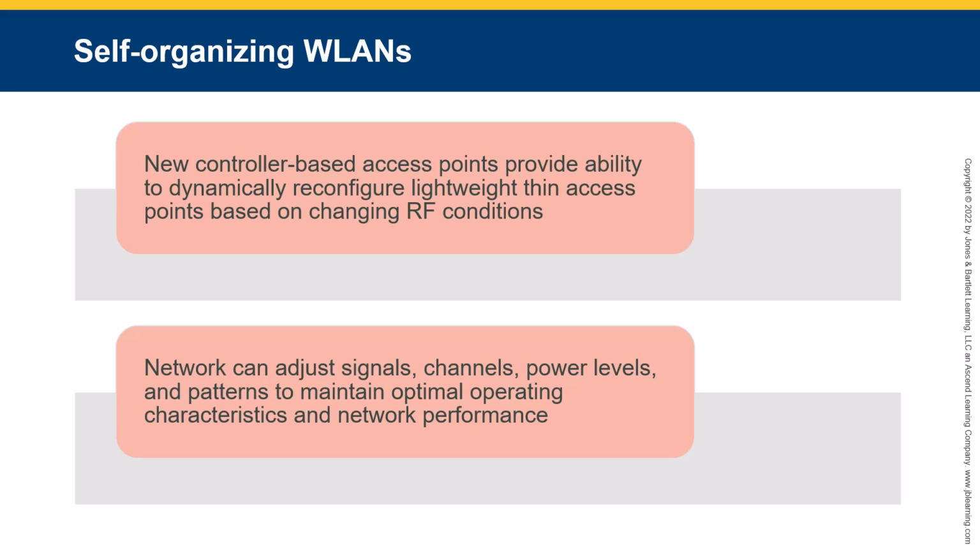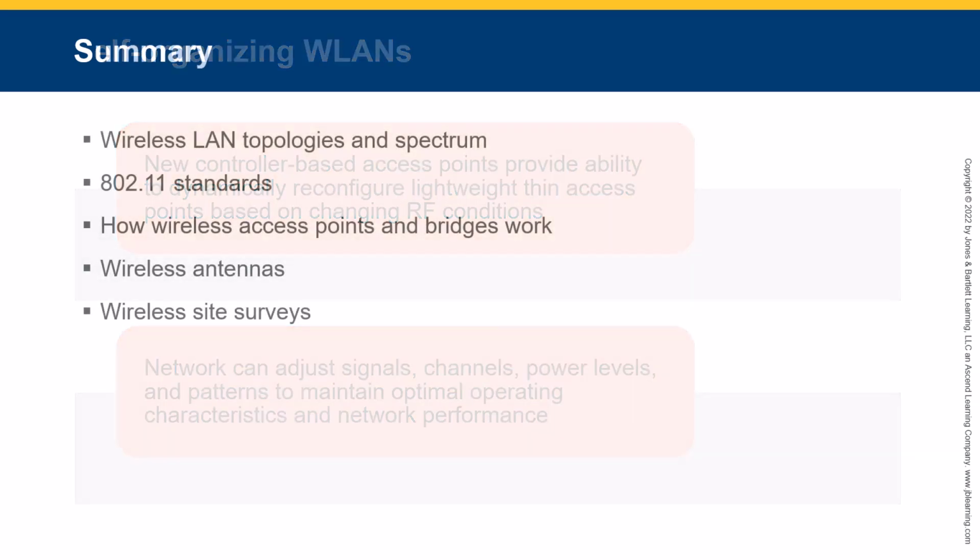The newer controller-based access points provide the ability to dynamically reconfigure themselves, along with the lightweight access points, based on changing RF conditions. It's much newer technology, but the wireless networks can self-manage and self-repair based off of the noise that is occurring on the network.